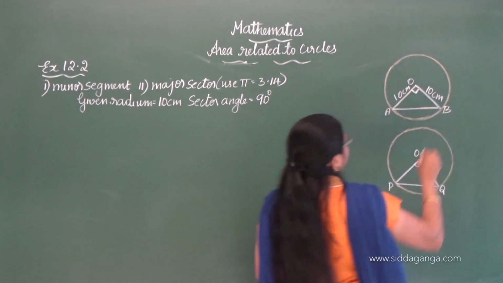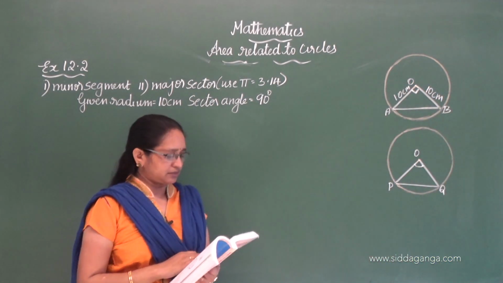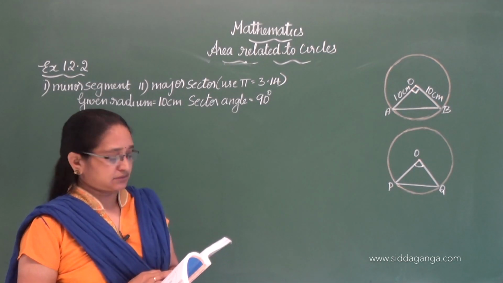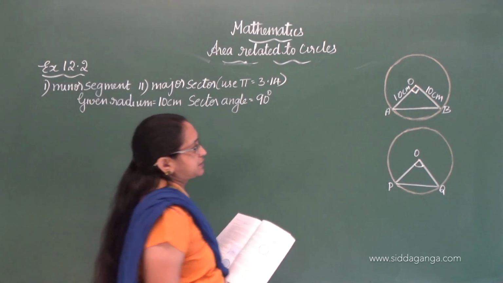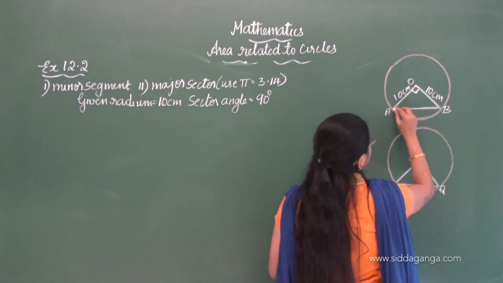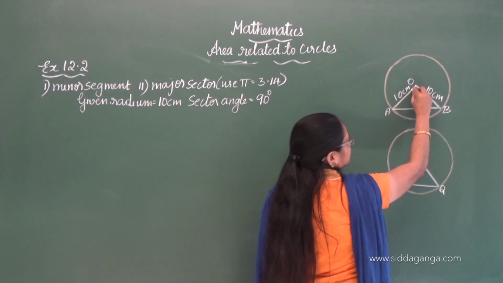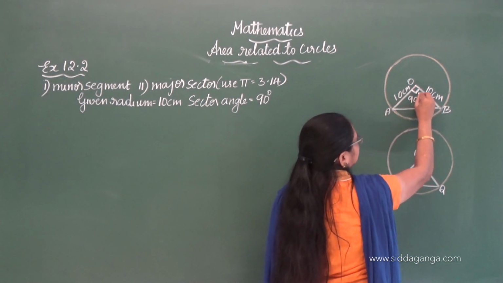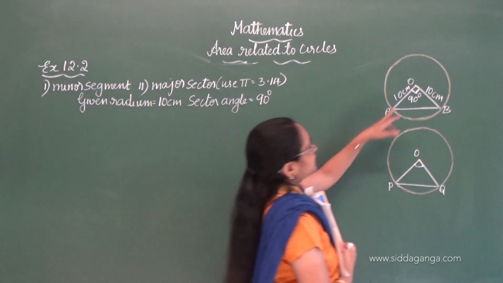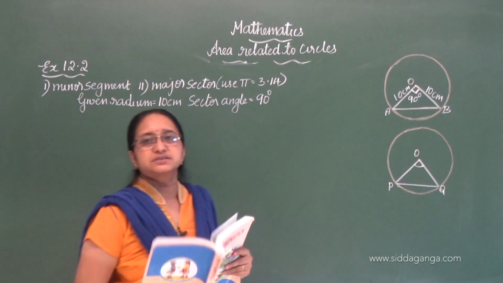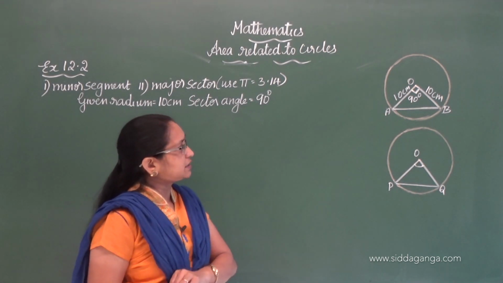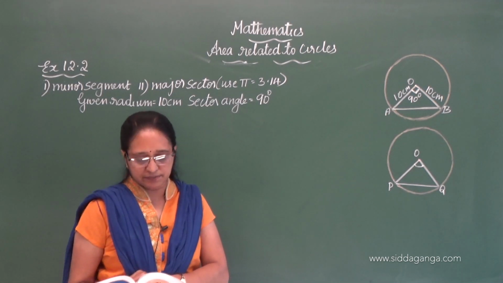So you have to draw the diagram with radius 10 centimeter, and the chord subtends a right angle at the center. This is the chord, AB is the chord here. It subtends a right angle at the center, which means 90 degree, that is angle AOB is 90 degree.